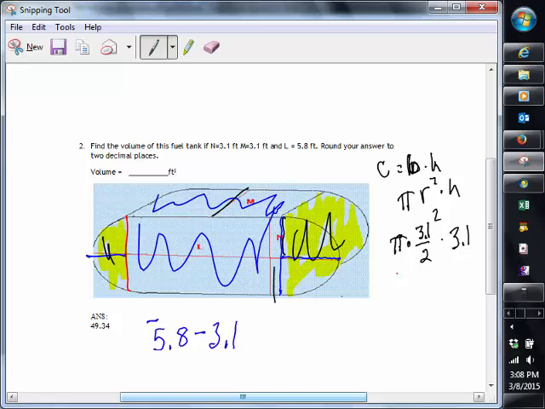That's the length times the width, which is n, and it says is 3.1, times the height, which is m, which is also in this case 3.1. So we get out our calculator.